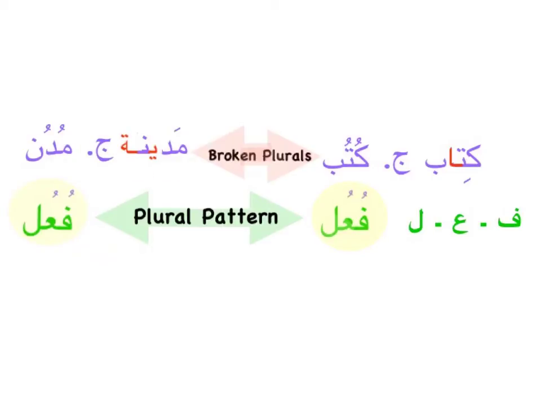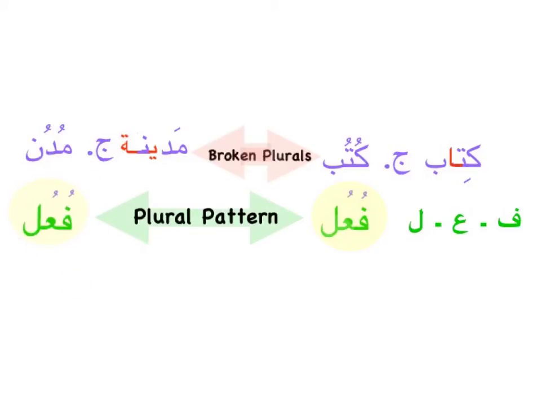So there is a pattern of فعل, and when you have this pattern, the plural becomes easy. You just combine the root words and add short vowels, dhamma, to the first two letters. So Kitab becomes kutub and Medina mudun.